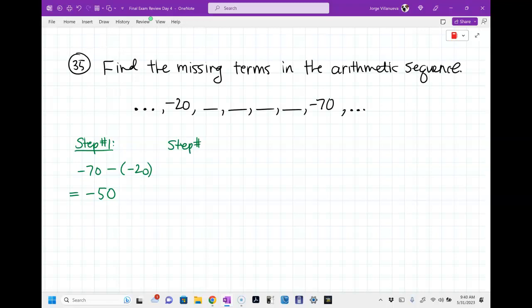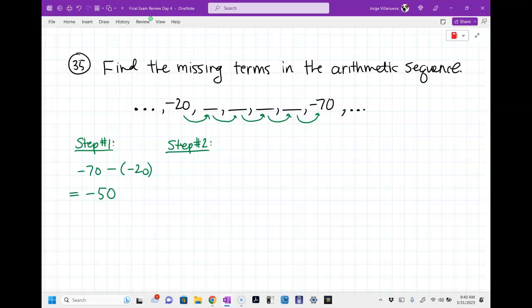Step 2. Anybody remember step 2? We're going to divide by what? The number of steps it takes to get from one side to the other. Whether you go right to left or left to right doesn't matter. But notice, 1, 2, 3, 4, 5 steps to get from negative 20 to negative 70.